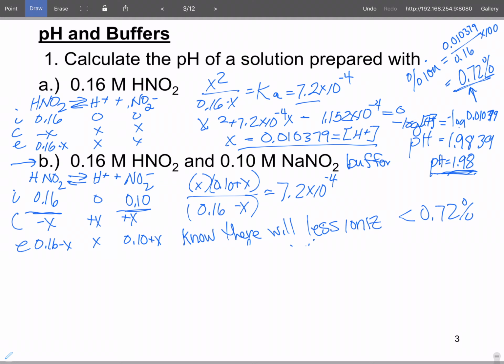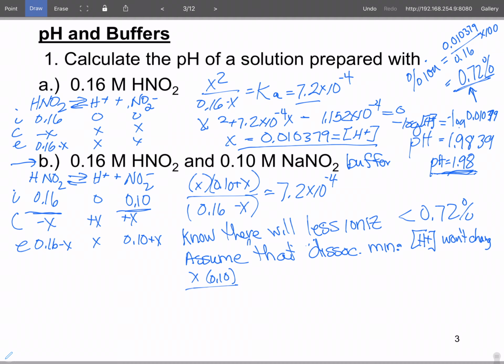Okay, so what that means is we set up our K value, and because we know that our ionization is going to be less than what we had originally, and that was only 0.72, we can make the assumption that dissociation is minimal, which means the hydronium ion concentration won't change much. So if you do this, then you end up with X times 0.10 divided by 0.16 is equal to the Ka, which is 7.2 times 10 to the minus 4.